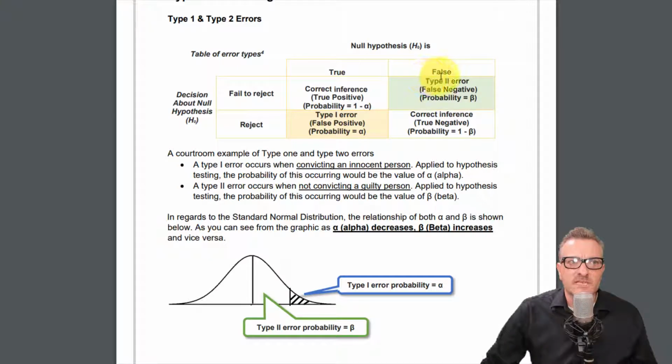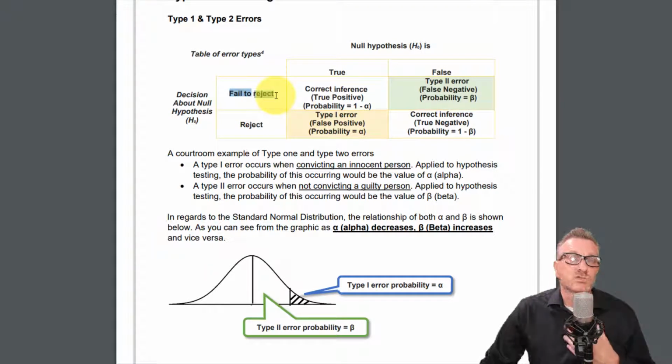Then let's take a look at this column right here. In this column we have the type 2 errors, which are false negatives. So we have false positive, false negative. In this one we failed to reject the null hypothesis. We think it's true, we think the status quo is fine.